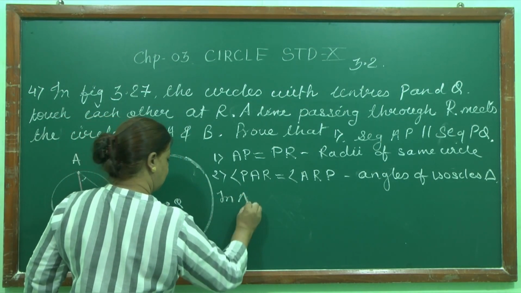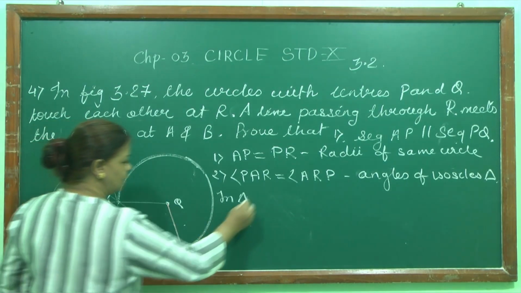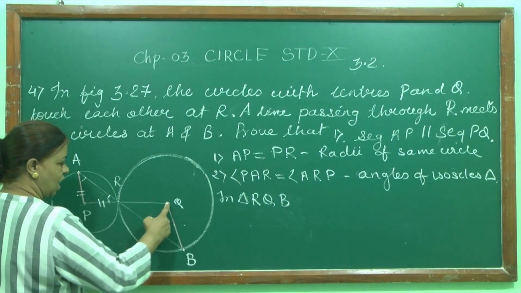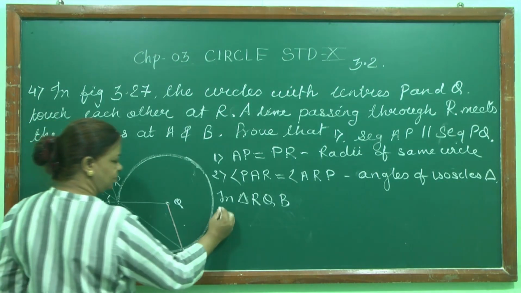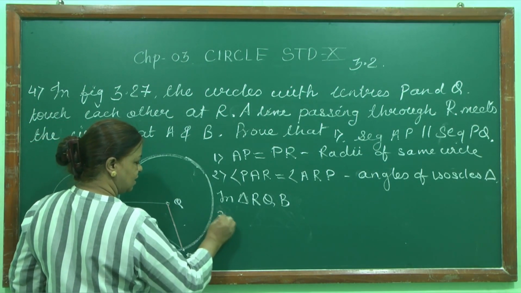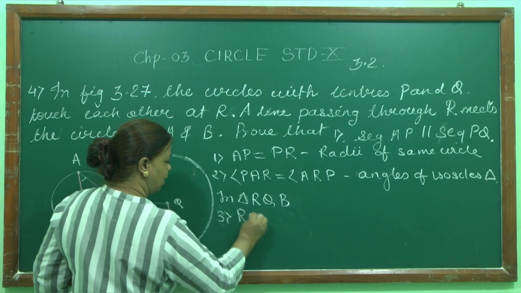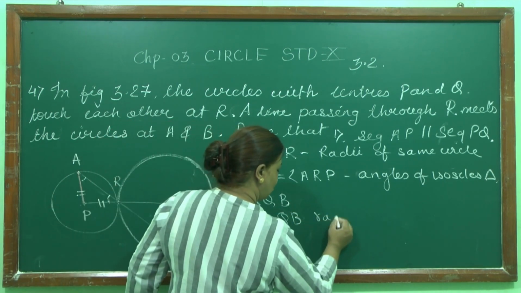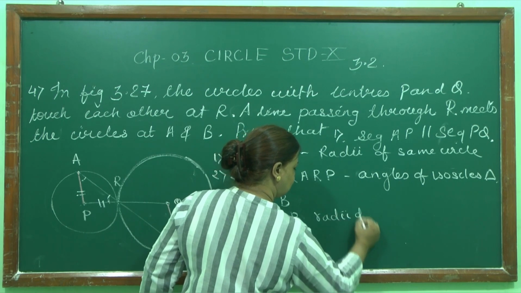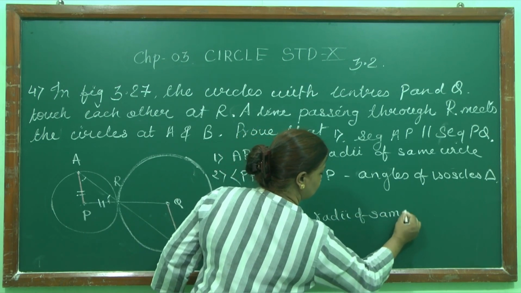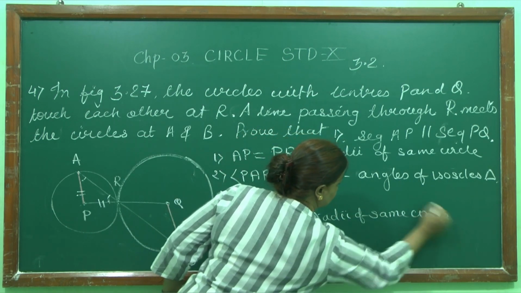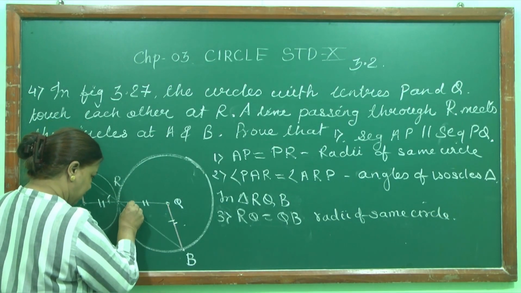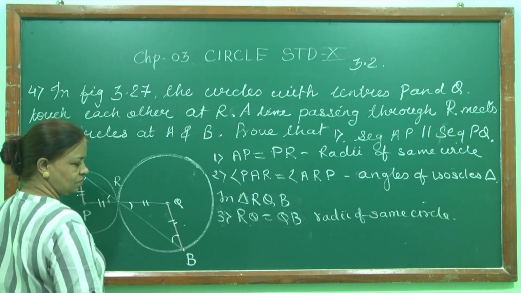In triangle RQB, again you see RQ is equal to QB. I can say third one, RQ is equal to QB, radii of same circle. So if this is equal to this, the base angles will be equal.